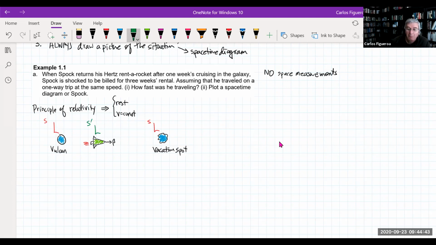So that's the customary view. But note, the principle of relativity says that what I just said is only one good frame. The other good frame is what? When I look at Vulcan and this spot here, what I'm really seeing from these guys is that they're moving.